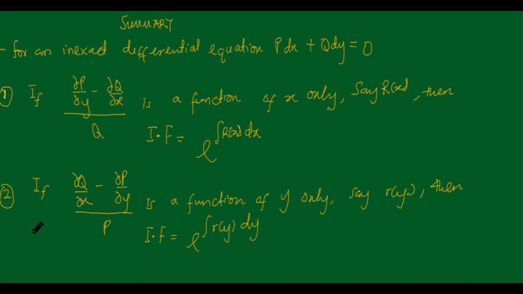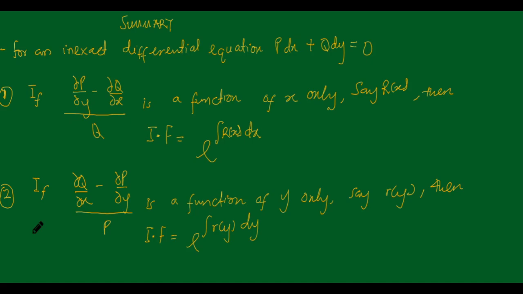Now, to make a bit of an emphasis on this, if after trying the first case, you evaluate the partial derivative of p with respect to y minus the partial derivative of q with respect to x, divided by q, and you don't get a function of x only, you can go ahead to try the partial derivative of q with respect to x minus the partial derivative of p with respect to y, divided by p, to get a function of y only.